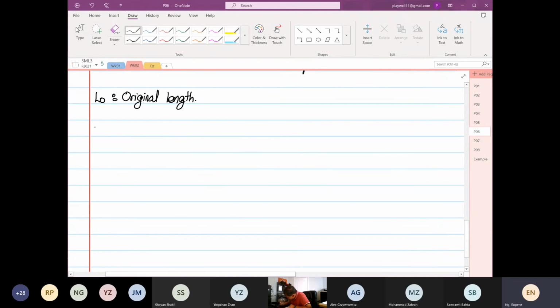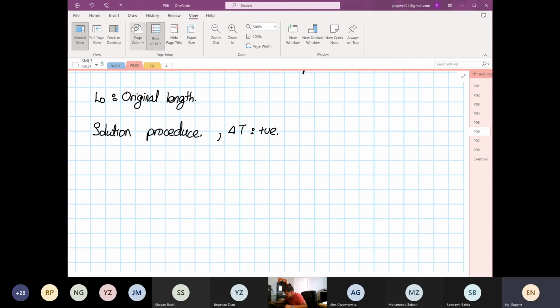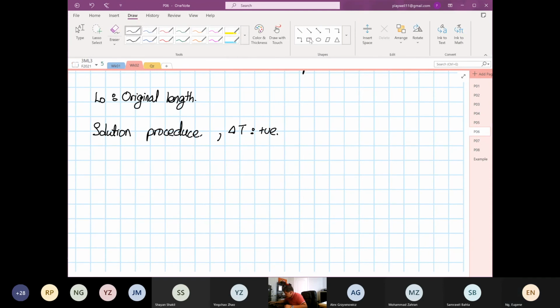For solution procedure, where delta T is positive. So what we have is a rod.